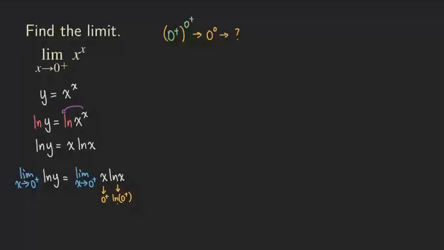So we are getting an indeterminate product where one factor is approaching 0 and the other factor is approaching negative infinity. Since that's an indeterminate form, we cannot draw any conclusion on what this limit is approaching.